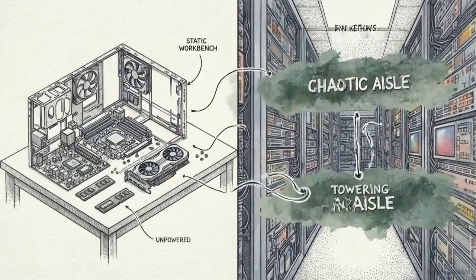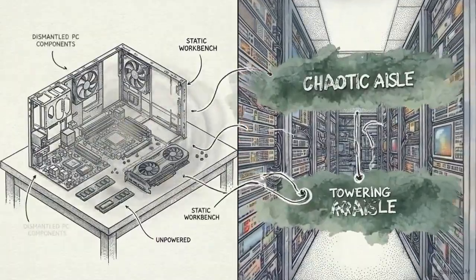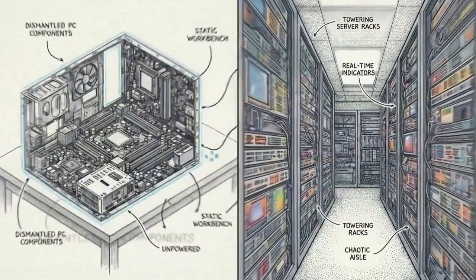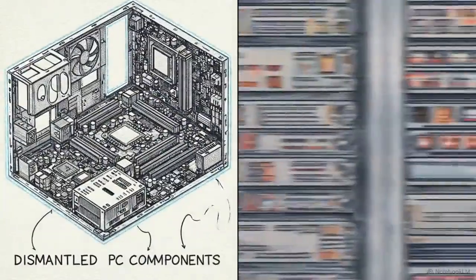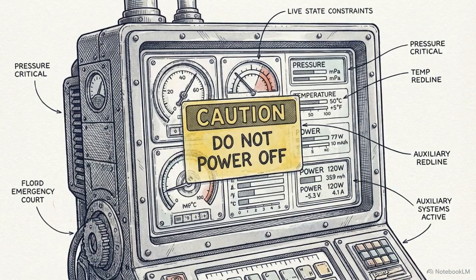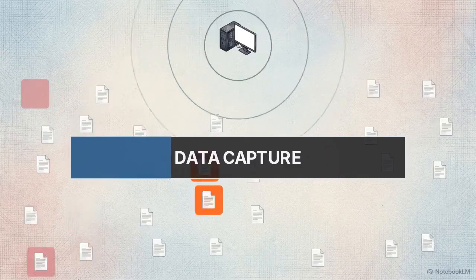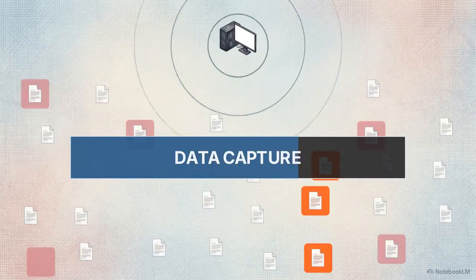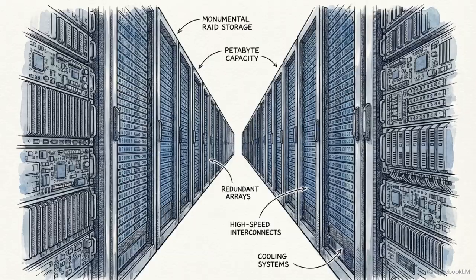A static acquisition of a powered-down PC is highly controlled, but complex environments force a live acquisition. A live acquisition is required when a suspect system cannot be shut down. The examiner must capture data while the operating system is actively altering files in real time. In enterprise environments, examiners encounter massive storage arrays called RAID systems.